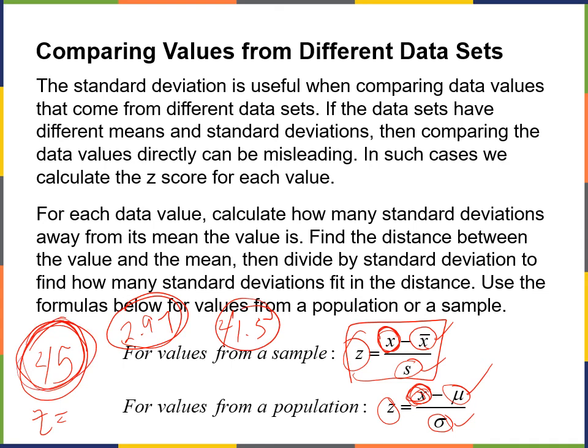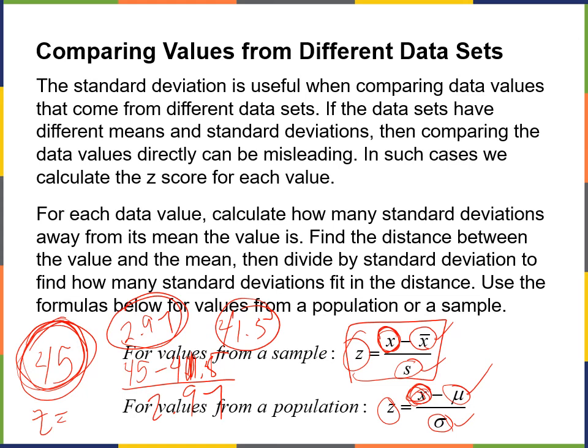So 45 minus 41.5 over 2.97. 45 minus 41.5 is 3.5.